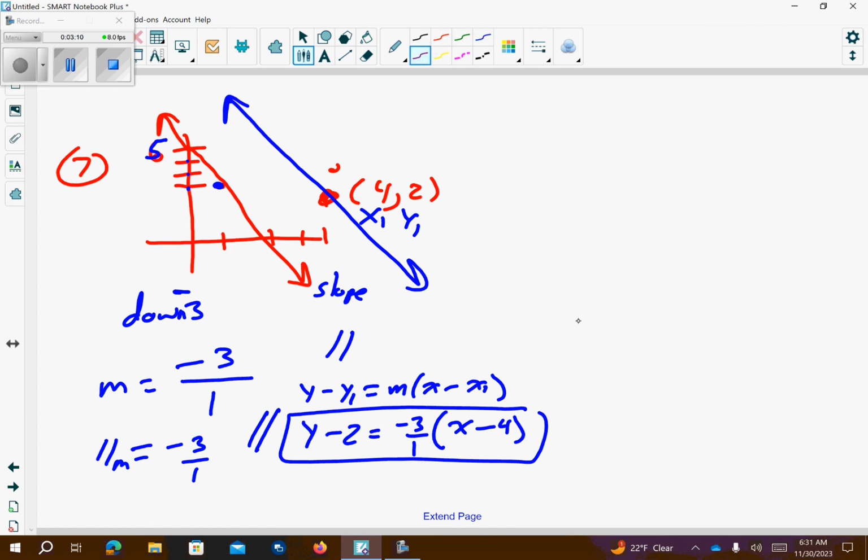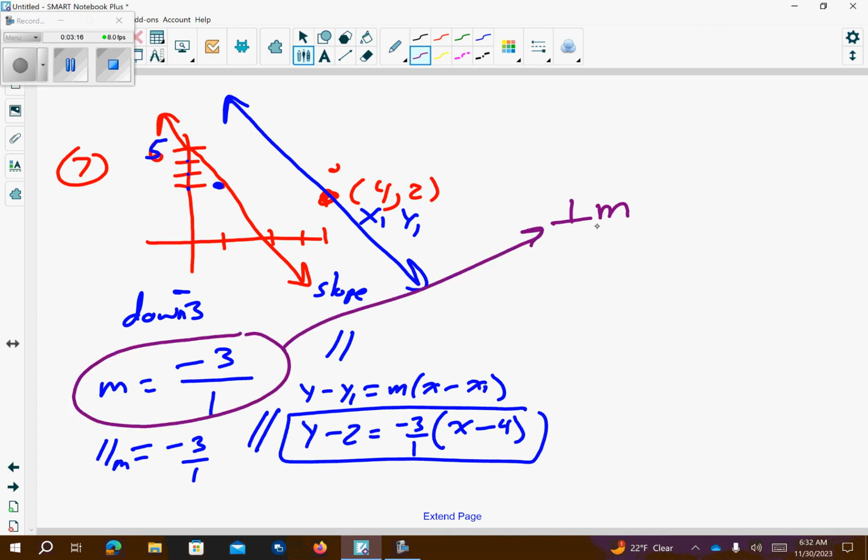And then now I want to find the perpendicular. So the perpendicular slope. So if I want to make it perpendicular, I'm going to change it from negative to positive and flip the fraction over just to get 1/3. Then I'm going to go ahead and use my equation again. So remember, my y value was +2 here, so it's -2 here.